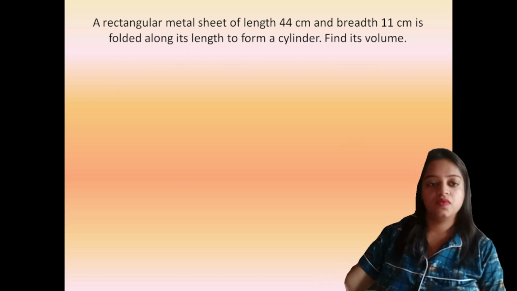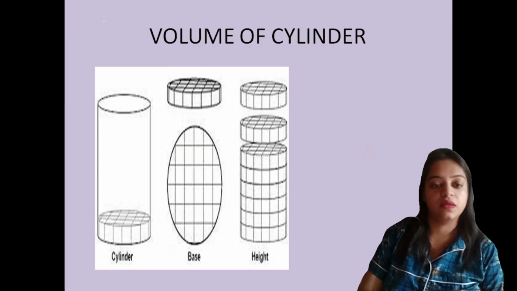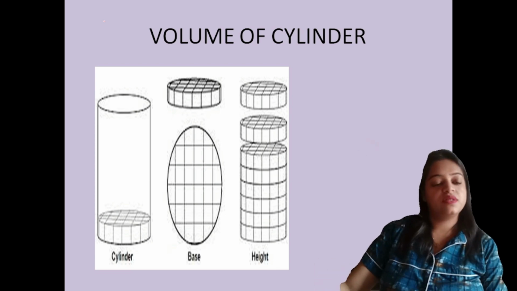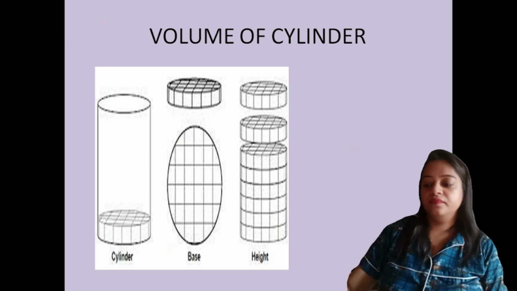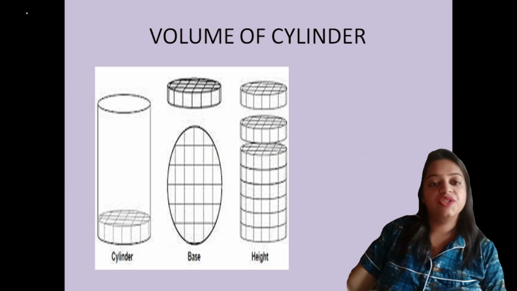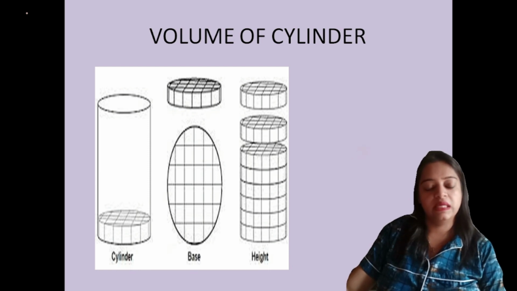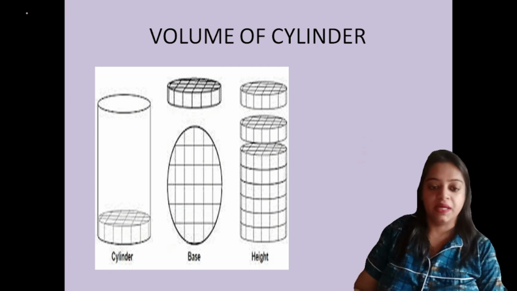So let's learn about first the volume of cylinder. See this volume of cylinder के लिए you can see the cylinder on your screen. So how a cylinder is made? Cylinder can be considered as a collection of circles of same radius piled on top of each other, right? अगर हम सेम रेडियस के सर्कल्स लें और उनको एक दूसरे के ऊपर प्लेस करते जाएं, तो we will be getting a cylinder, right?